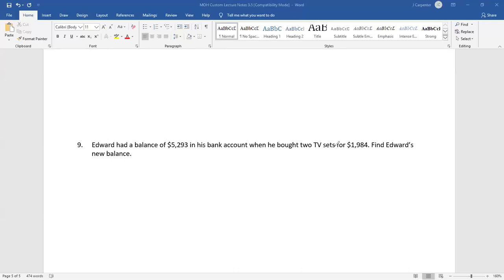He bought 2 TV sets for $1,984 each. This is a word that is really supposed to be in this problem. Otherwise, I would just interpret this as subtracting the $5,298 and the $1,984. But what they're saying is that each of these TVs cost $1,984. So there's 2 of these.